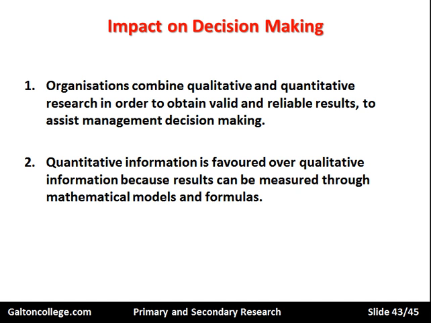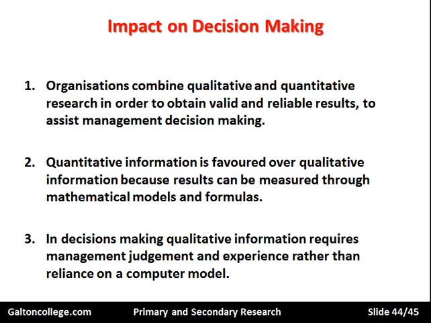Generally speaking, quantitative information is favoured over qualitative, simply because the results can be measured and it's possible to model the information statistically. So quantitative information is seen as more reliable.